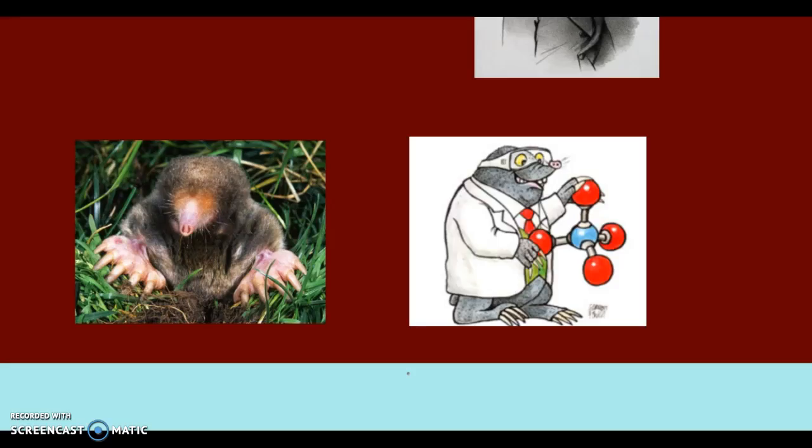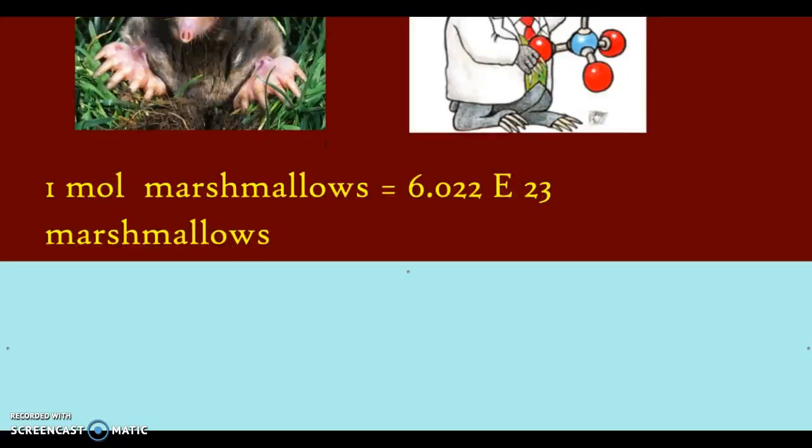It would be very difficult to have a mole of moles, because moles are pretty small, but nonetheless, a mole of moles, 6.022 times 10 to the 23rd moles, that's a lot of moles. Good one. A mole of marshmallows, the big marshmallows, the ones you put on a s'more: 6.022 times 10 to the 23rd marshmallows.